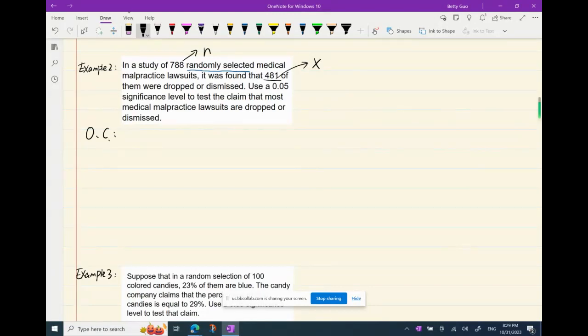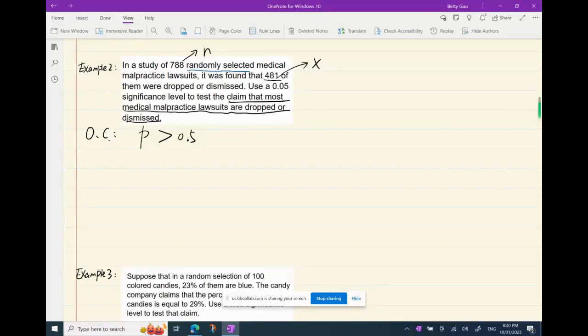Start from the original claim: most medical malpractice lawsuits are dropped or dismissed. So here, p is the success rate, the lawsuit dropping rate. Most of them, so we're going to use p is bigger than 50% to describe the original claim. You claim most of them, so more than 50% successes, right? So p is bigger than 0.5.